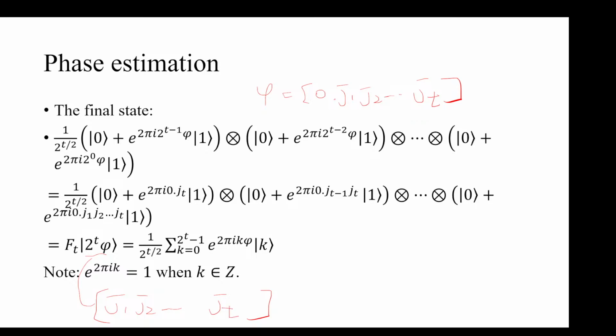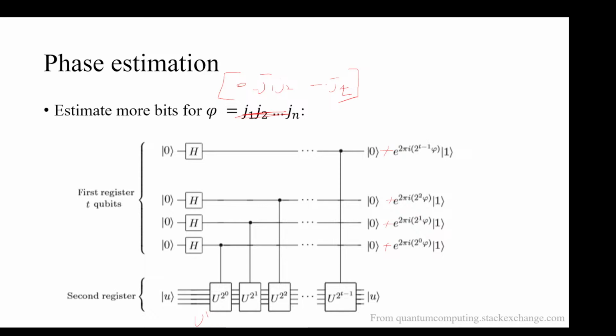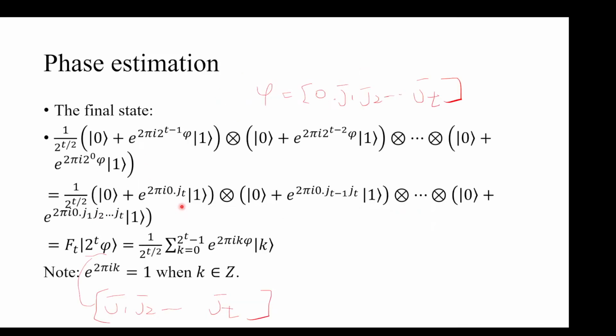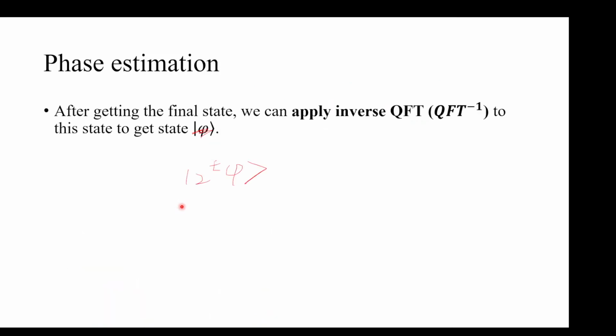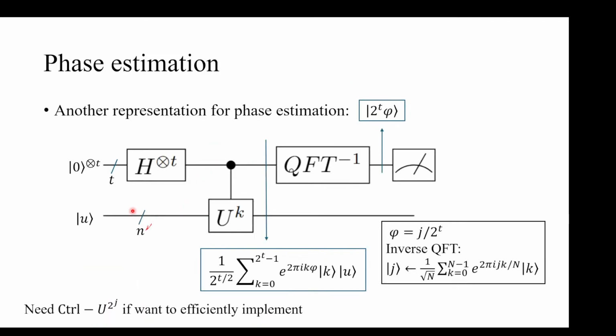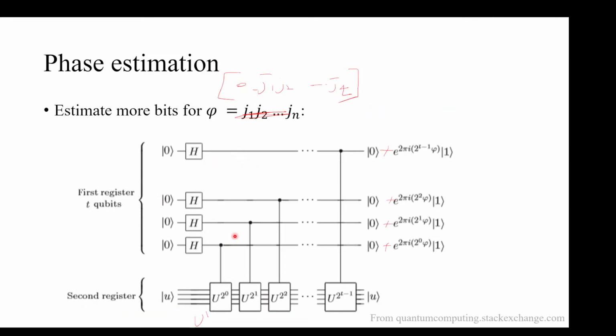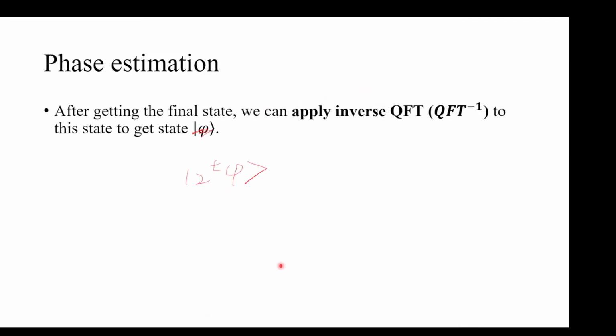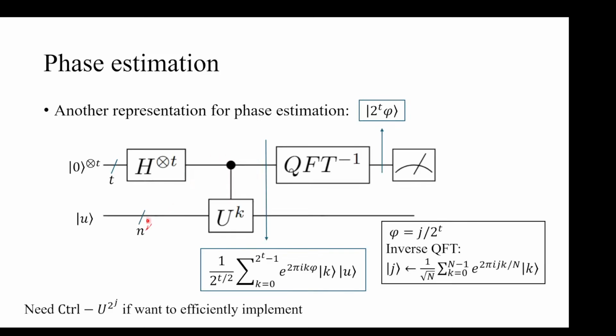So assume our phase is 0.j1 to jt, and we use t qubits to do this phase estimation. If we run this circuit, this huge phase kickback circuit, and then run the inverse Fourier transform, we get 2 to the t times phi, and that will actually give all bits of phi.